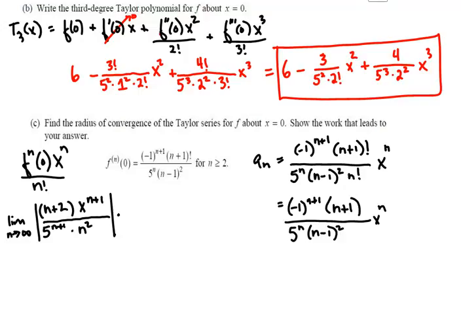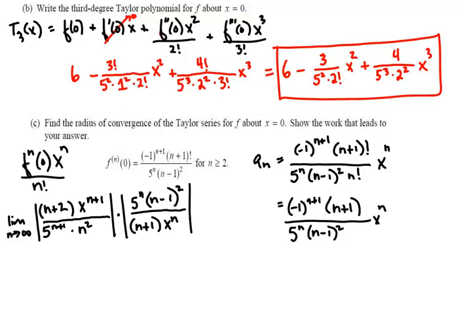And instead of dividing by the nth term, we're going to multiply by the reciprocal of the nth term. So that would give us 5 to the n times n minus 1 squared in the numerator, and it would be n plus 1 times x to the n in the denominator, absolute value.